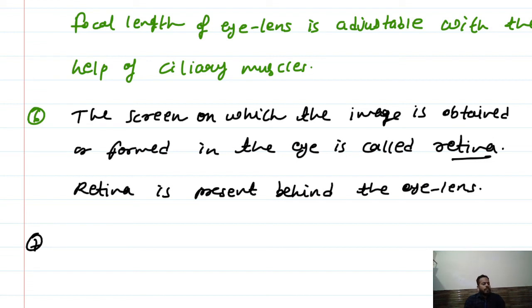And the retina is a membrane having a large number of light sensitive cells known as rods and cones. So this point is very very important. We should write this point and we should explain this point.